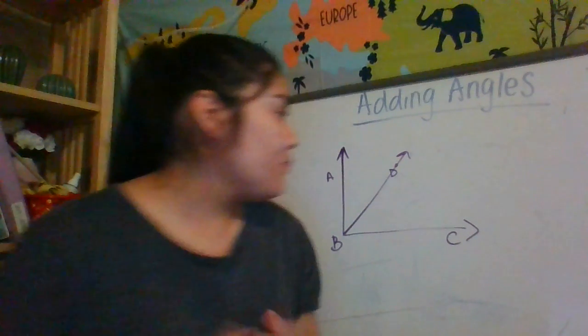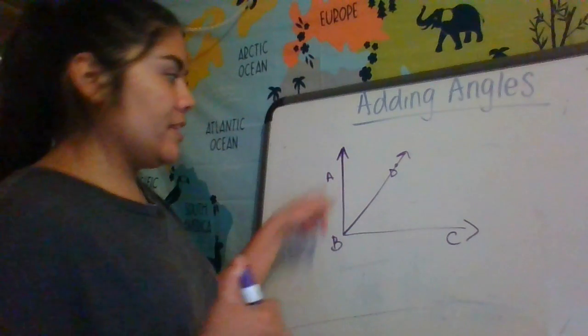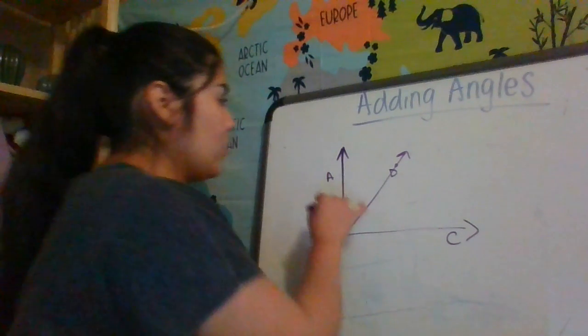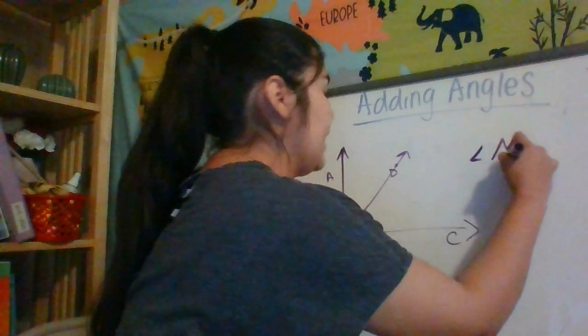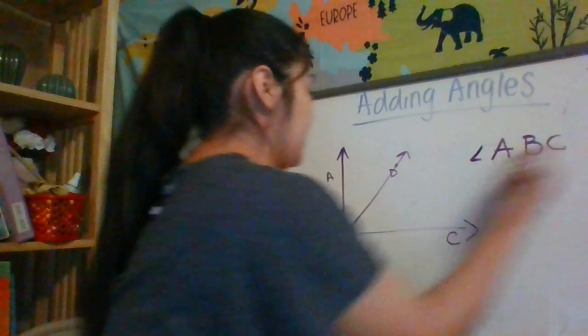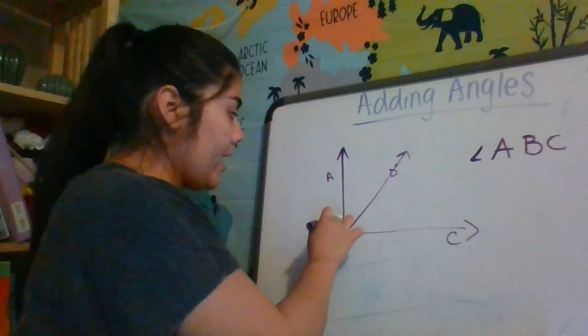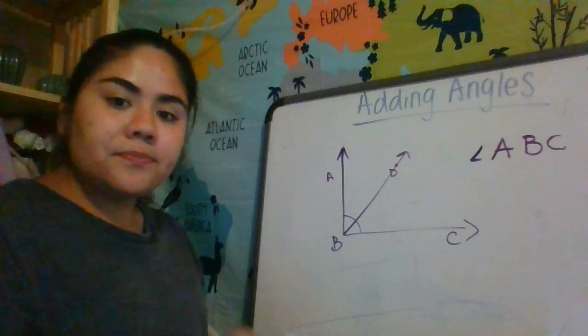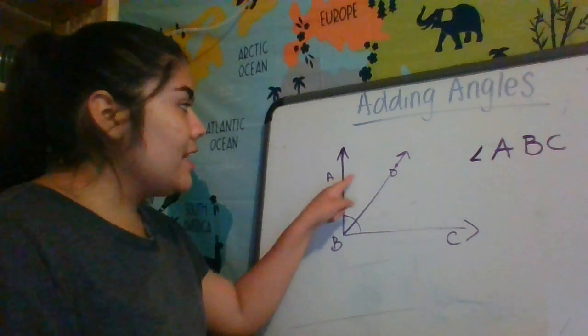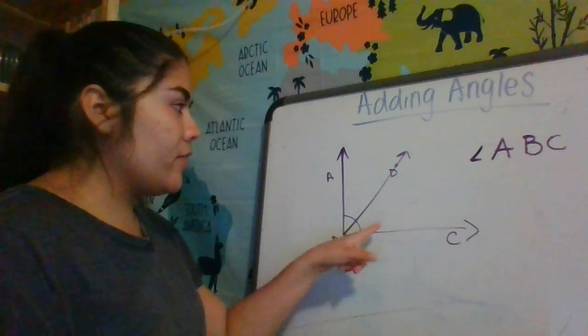So for example, if I showed you this entire angle, this angle is called angle ABC. That means this entire angle right here. But within angle ABC, we also have two other angles.